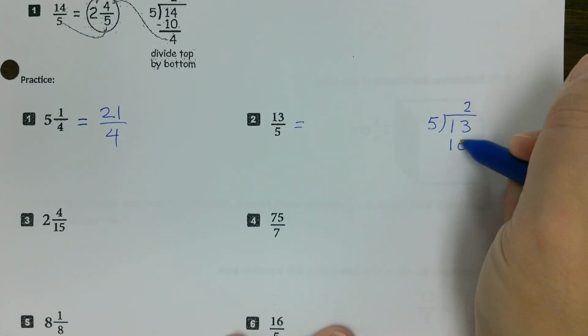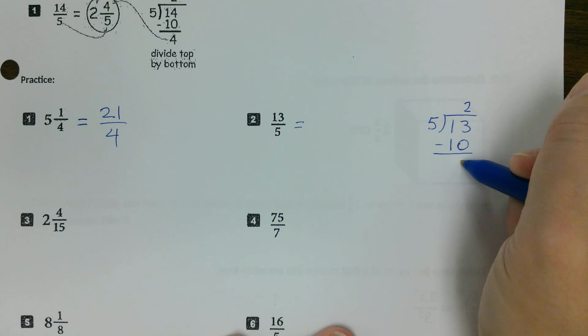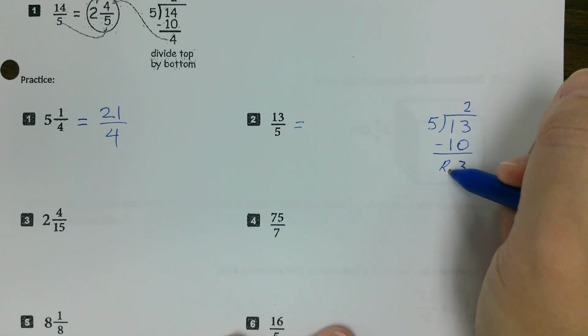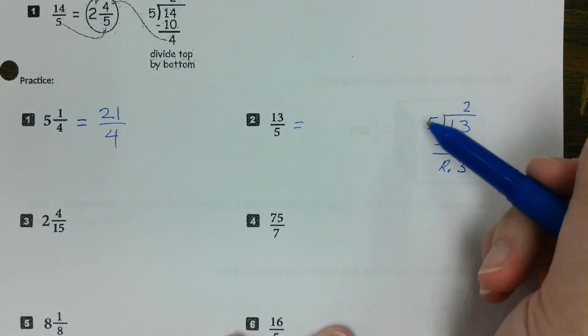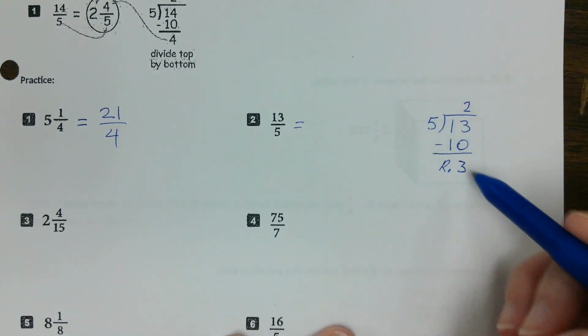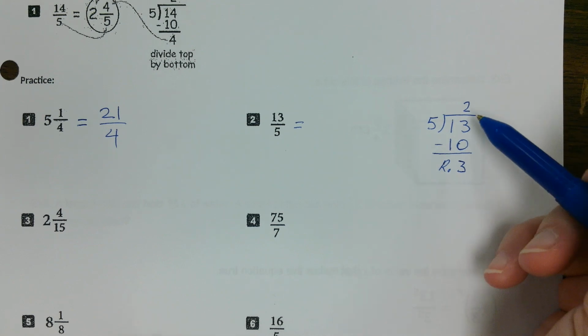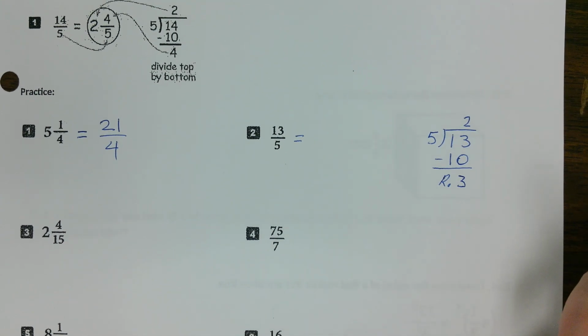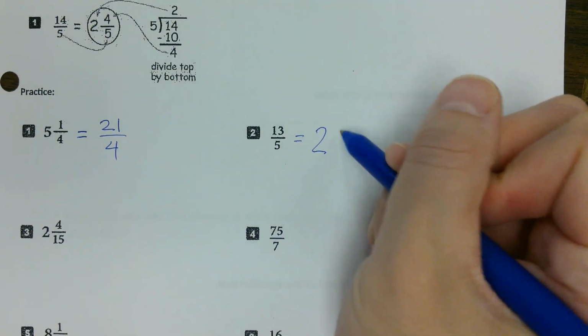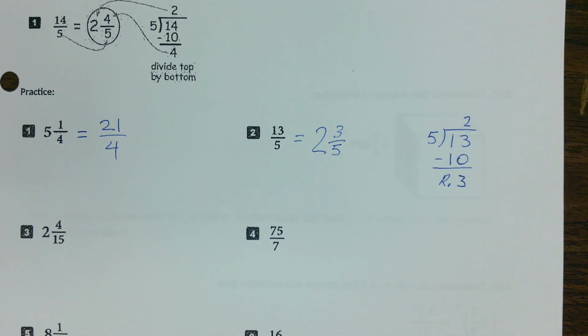So 2 times 5 is 10 with a remainder of 3. Okay, so how do I write this out now? Now that I have the 2, the 5, and the 3. Anybody? Yep. 2 and 3 over 5. 2 and 3 over 5. Perfect. That's it.